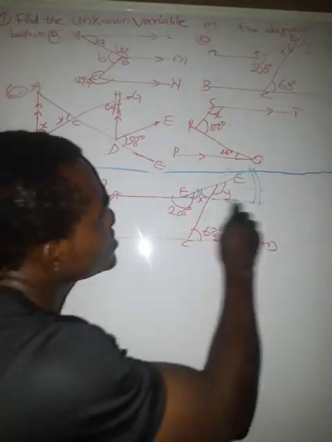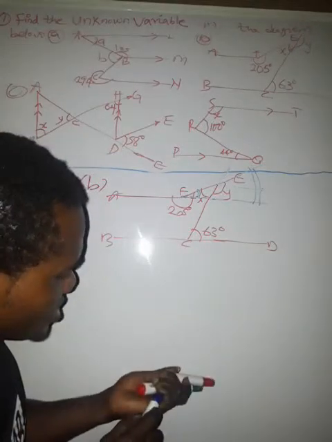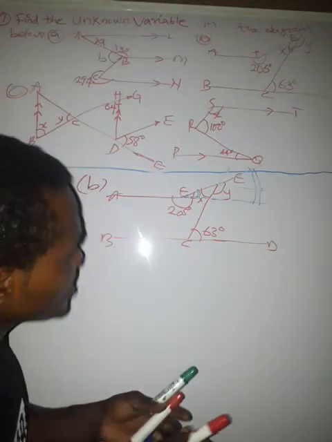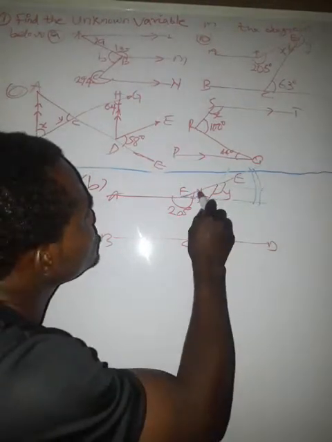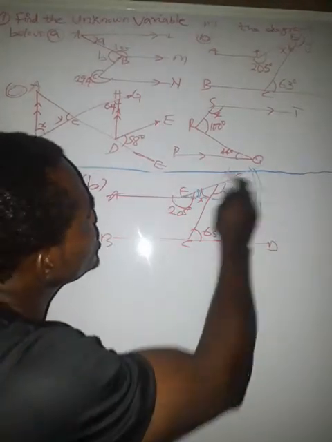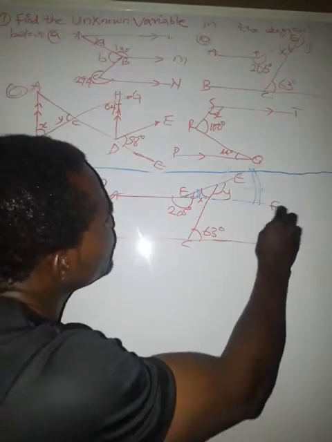Angle on a straight line will give me 180. So if that is the case, I can calculate this small angle EF. I call this one F prime.